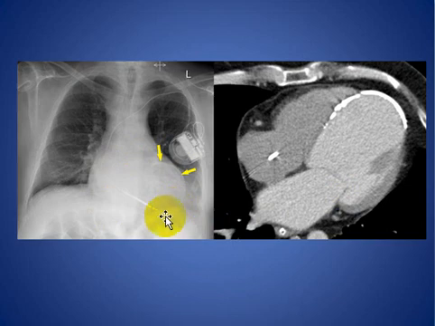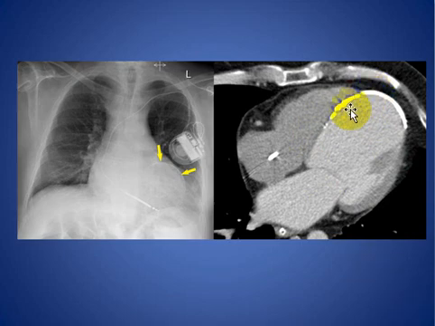Here another patient with a calcified ventricular aneurysm on the PA view with pacemaker, and this is the calcification on the CT scan involving the apex, projected over the left cardiac border and extending to the interventricular septum.